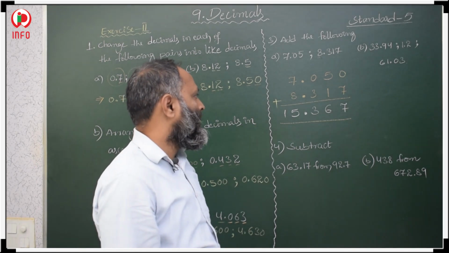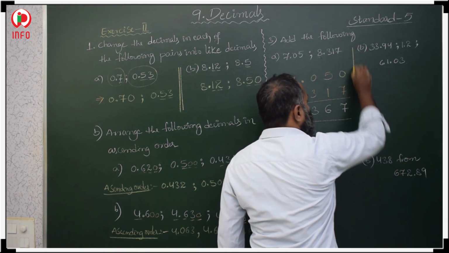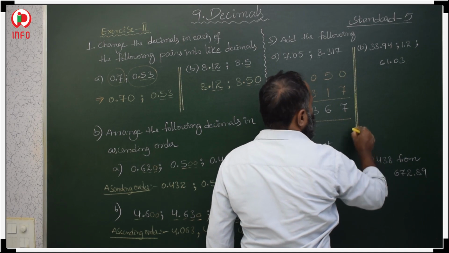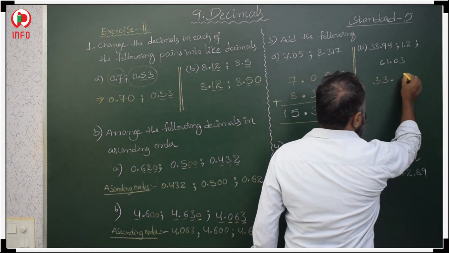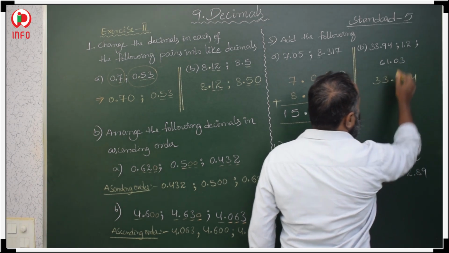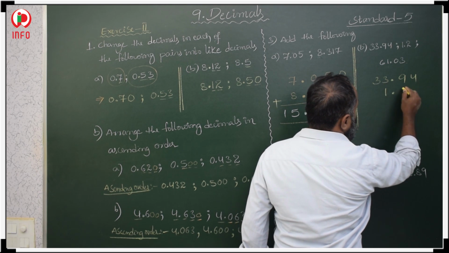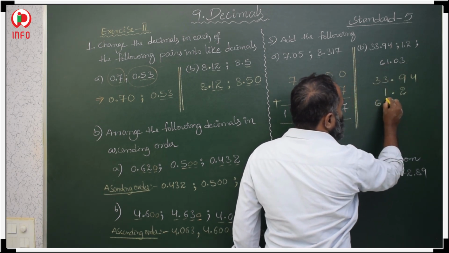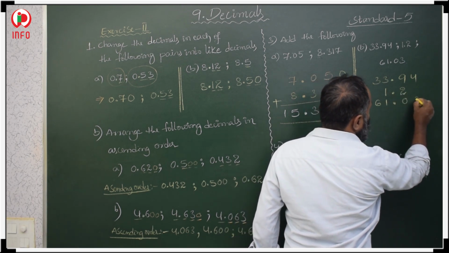15.367. Okay. The next one: .94, and after that 1 point should come in one column, 2. Then 61, 6 in tens and 1 in ones, 0 and 3.